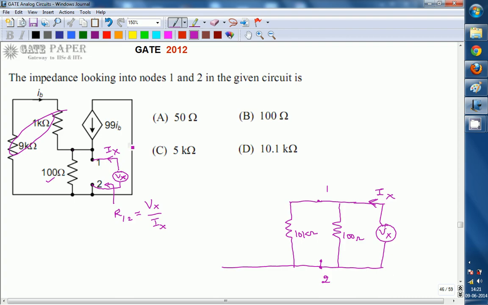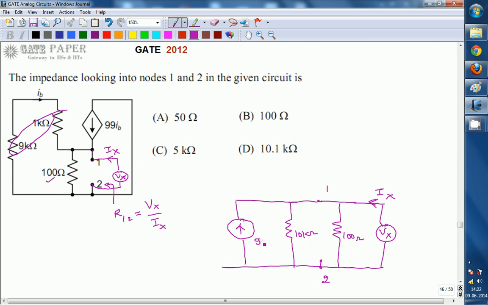Next, the only thing left over is the 99 Ib current source. It is between 1 and 2; the start of this is the first node and the end of this is the second node. The current is flowing from 2 to 1. So this is the current source between 1 and 2, and this is the equivalent circuit.